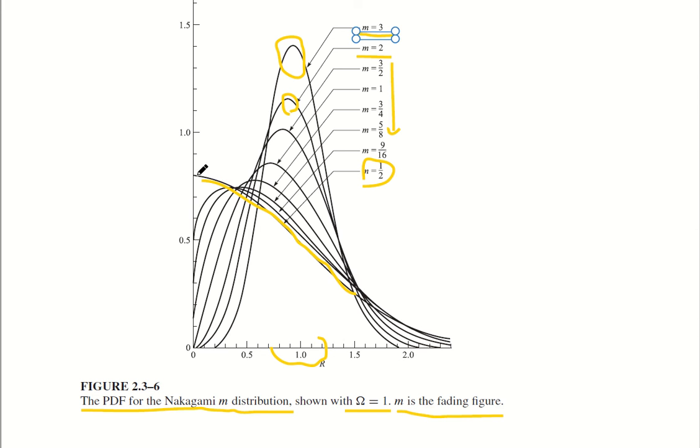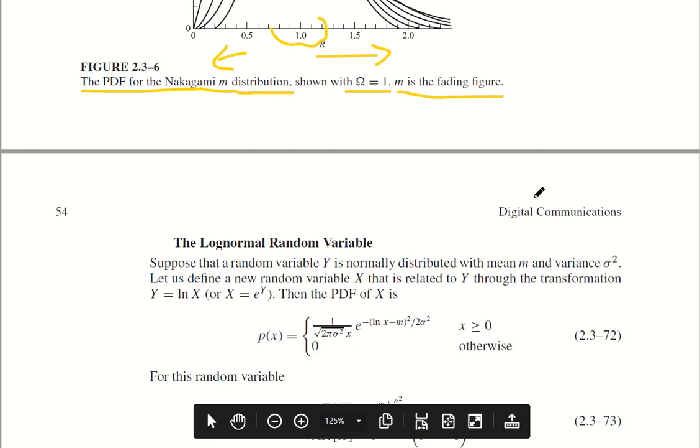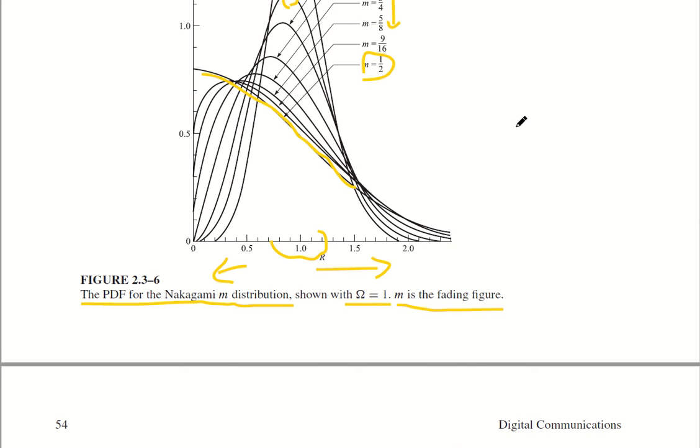So we are having a bit of the shape of the distribution, and you see that with the increase of m, the concentration of probability density seems to be spreading out with the increase of the fading factor. Okay, so that is the Nakagami.